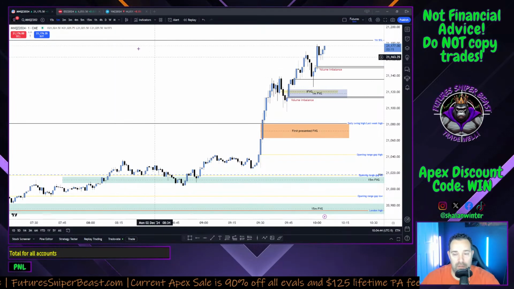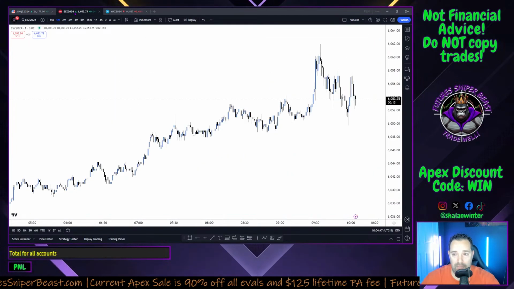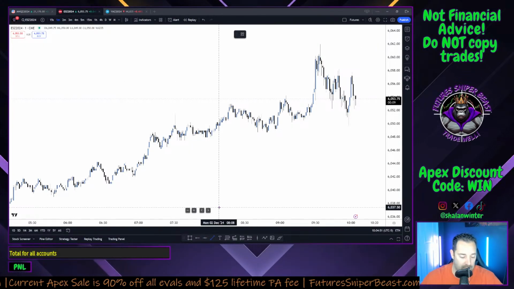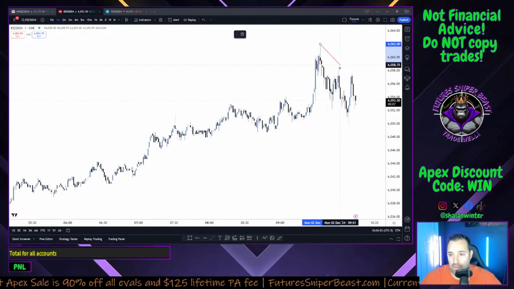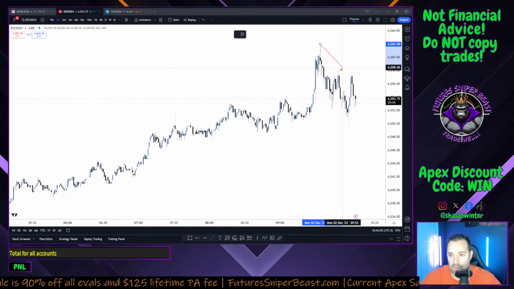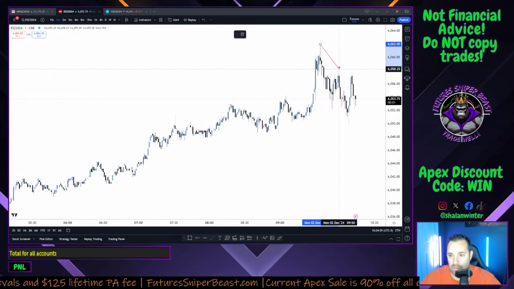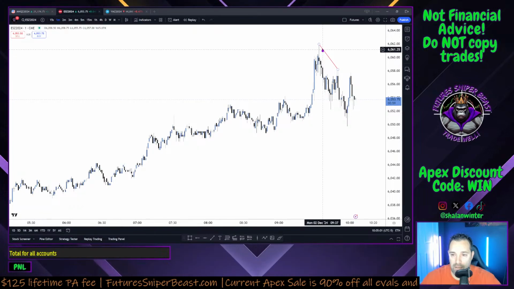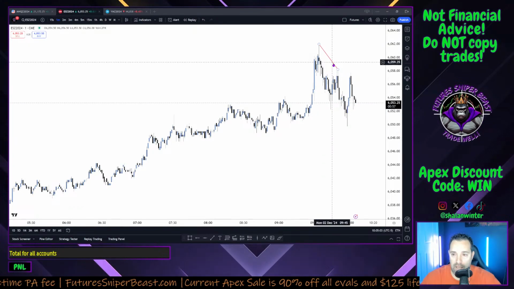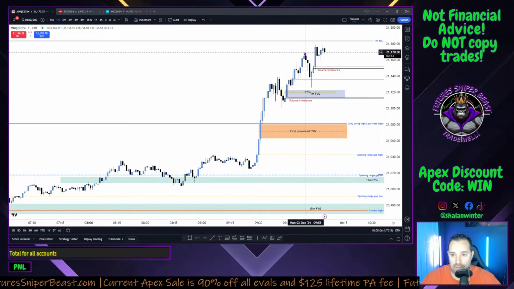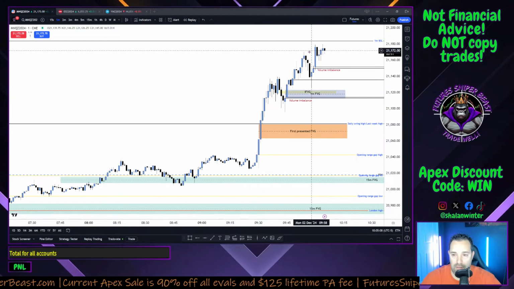That's really all I'm looking for. The main thing I'm looking for. So this would be what's called a SMT. We have a higher high, a high, lower high. NQ is giving out higher highs.